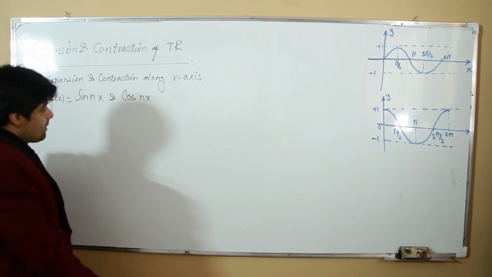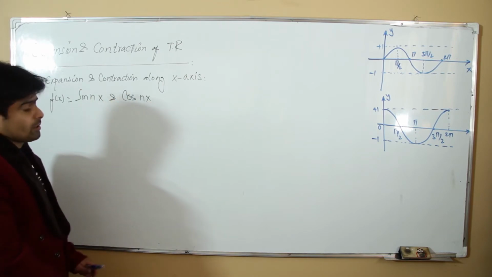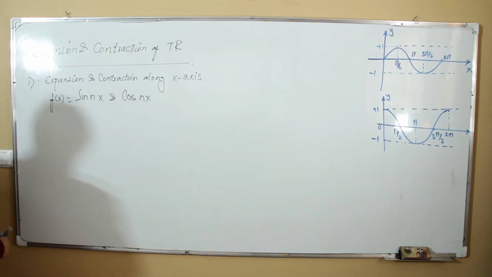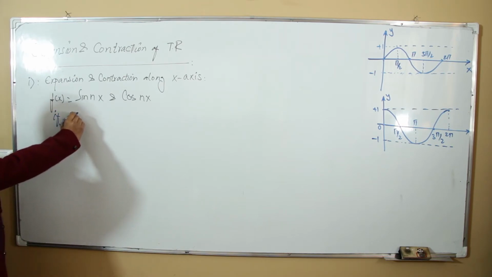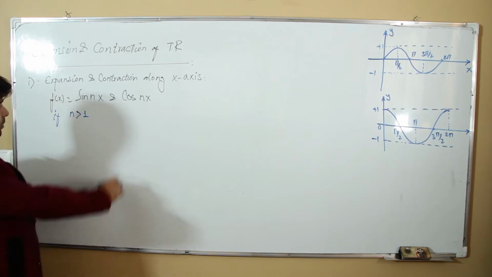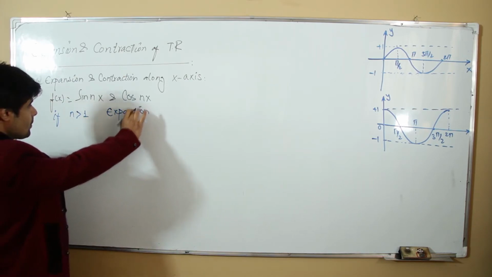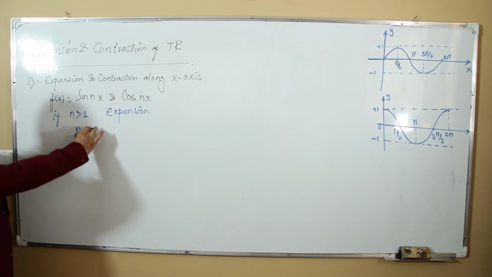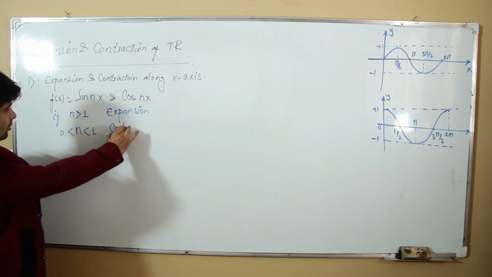If this n comes inside the angle, it will talk about expansion and contraction. If n is greater than 1, it will talk about expansion. But if n is between 1 and 0, it will talk about contraction.